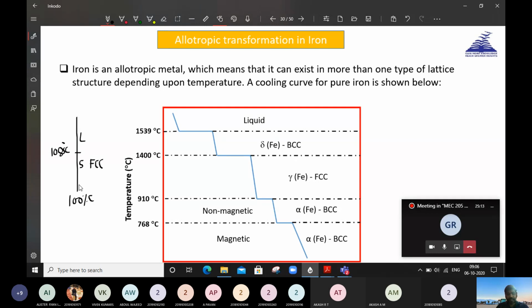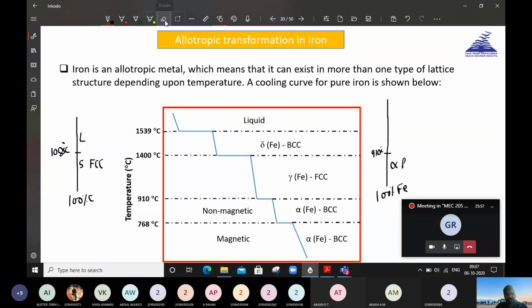But in the case of iron, suppose you have taken 100% iron rather than copper. Now there is the beauty of the iron. Start heating the iron. What you will find is that up to 910 degrees Celsius, in some books 912 degrees Celsius, it will be alpha iron, the alpha phase, and it has a BCC structure.